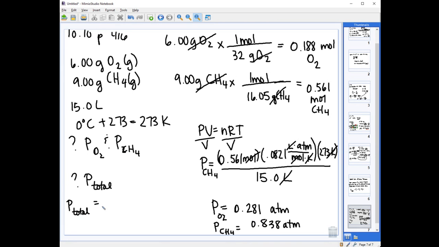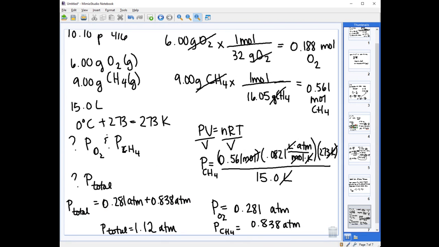To get my total pressure, I'm going to add those up, and I get 1.12 atmospheres. So at first this looked really tricky.